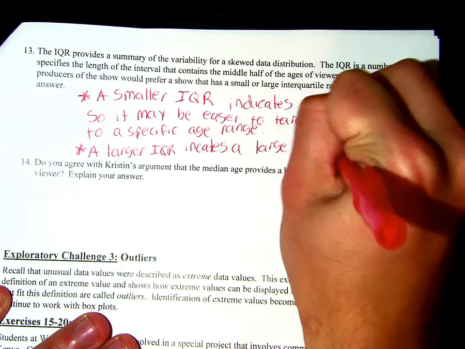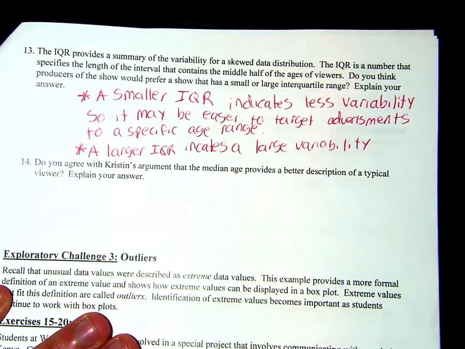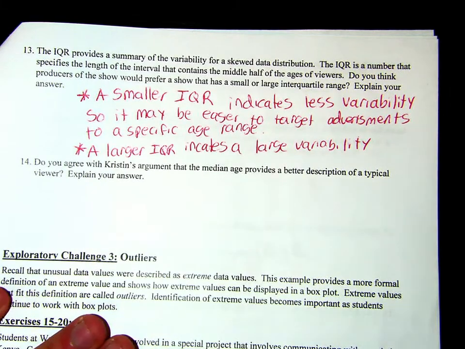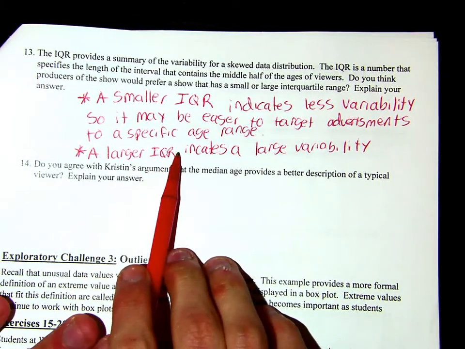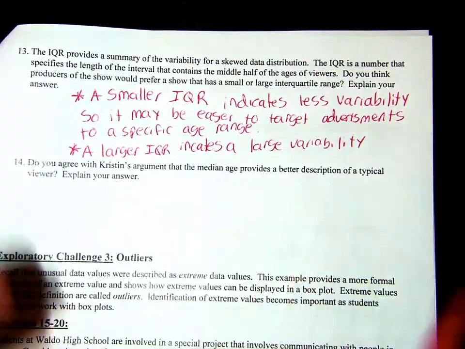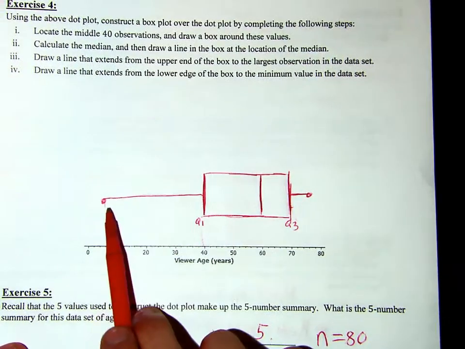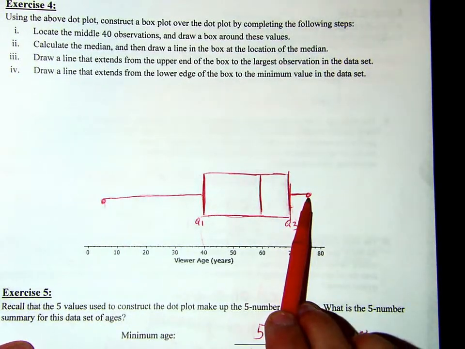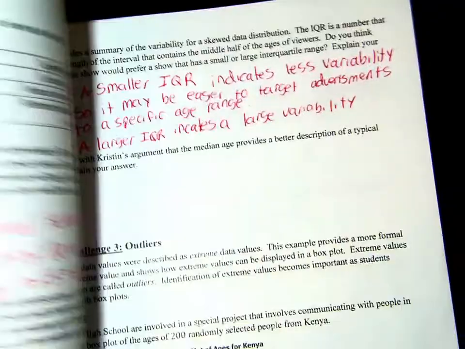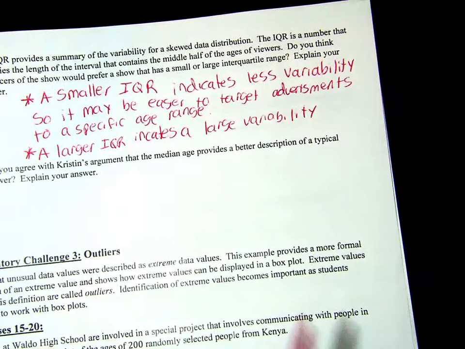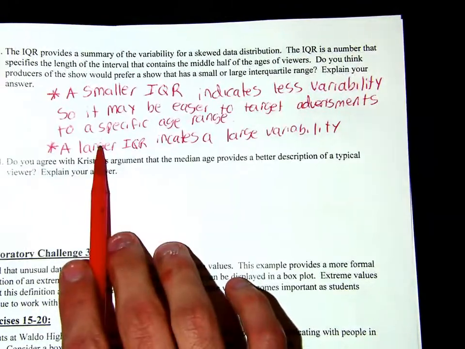In our case here, we have a large IQR because that indicates large variability. We know that we have a large variability because if we look at our dot plot here, it ranges from 5 to 75. So that's a large range of ages. So we know we have a large variability, and so a larger interquartile range.